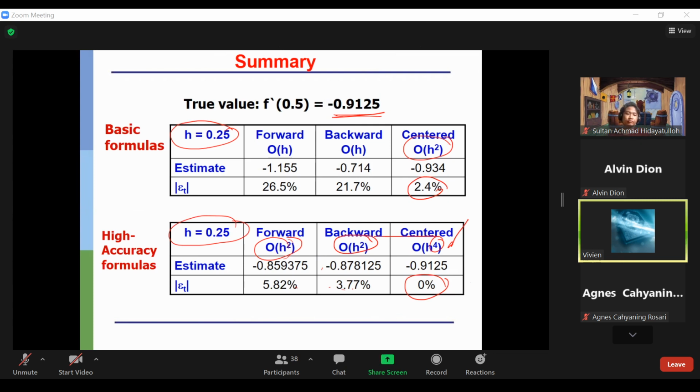So the goal of learning numerical methods, as we have seen already, is to minimize the error. We have seen here that there are many parameters that can affect the calculation. We have the order of the error, which relates to the truncation error.